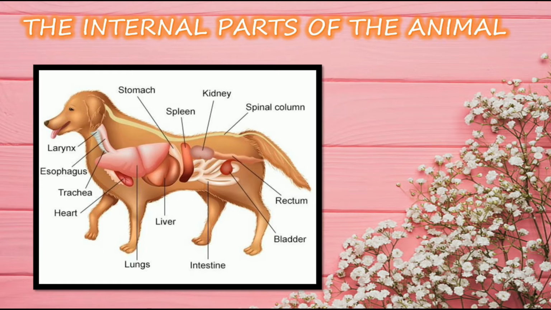Esophagus is like a tube connected from the mouth to the intestines. It carries the food from mouth to stomach. Next, larynx. Larynx is used to open the lungs while eating and drinking. While eating and drinking also, the lungs should be open. So the larynx is used for that purpose. So these are the internal parts of the animals and their uses.